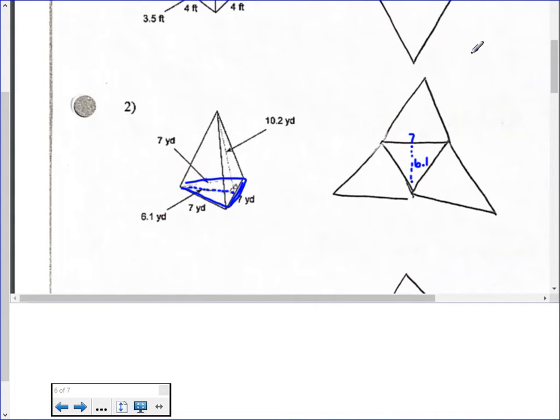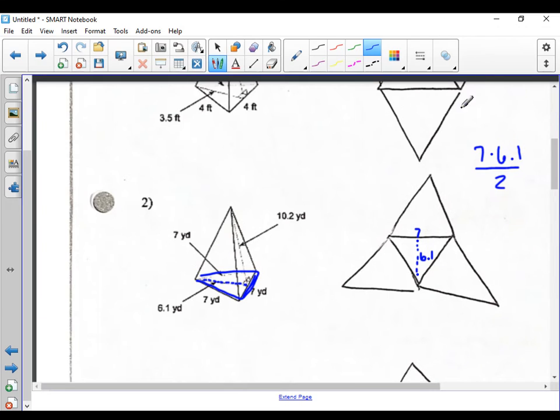What I need to do is take 7 times 6.1 and divide it by 2. 7 times 6.1 divided by 2, I get 21.35. That's this middle one, 21.35. And I'm going to circle that because that's the area right there. The rest of them also have a base of 7. I'm going to look at this one right here.